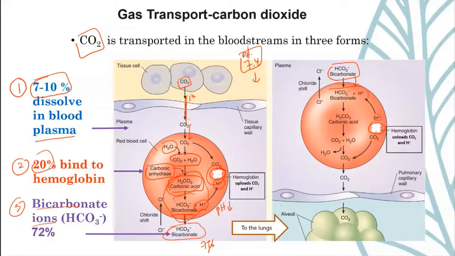So bicarbonate ion binds with the hydrogen ion to form carbonic acid again, and then the same enzyme, carbonic anhydrase, catalyzes the reverse reaction, in which carbonic acid splits into carbon dioxide and water.